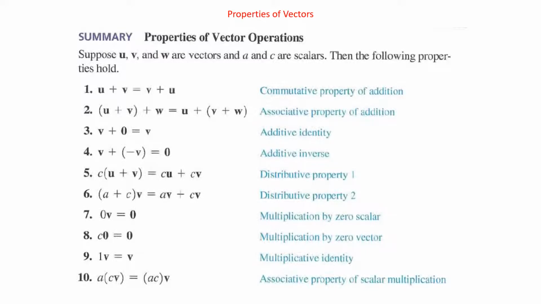And then properties of vectors, there's just a bunch of properties of vectors. Generally speaking, if you think that you should be able to do it, you probably can. Unless it's obviously stupid, then don't do that. I mean, it's commutative, they're associative.